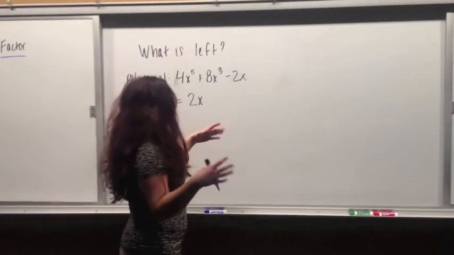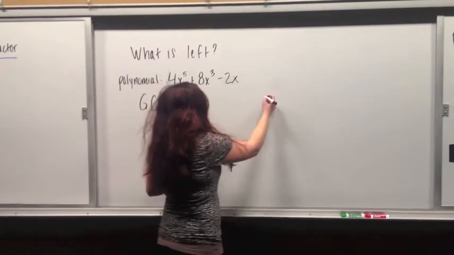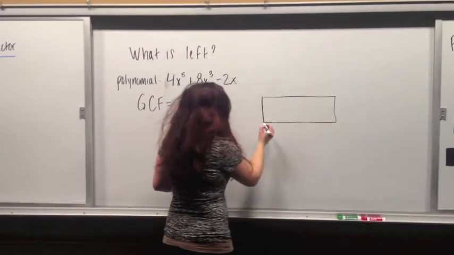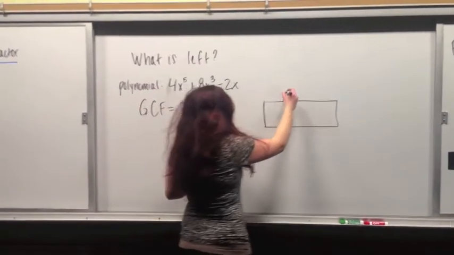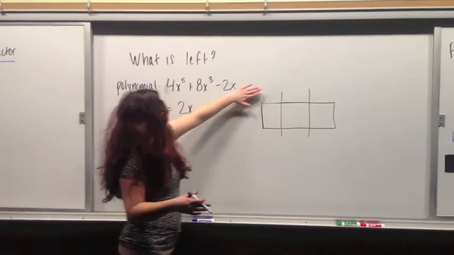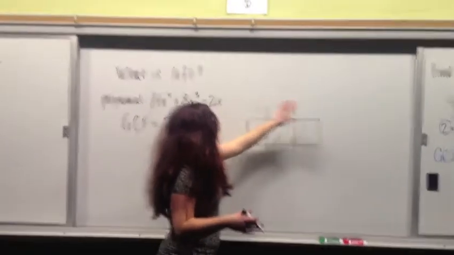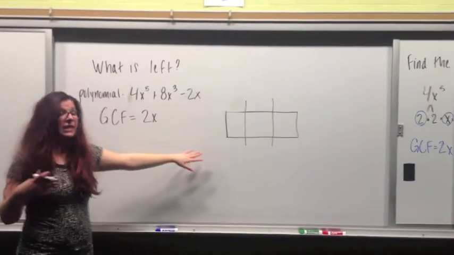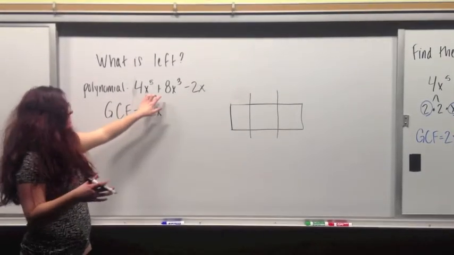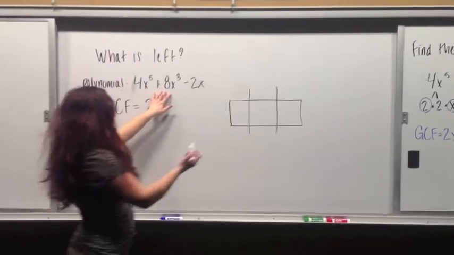So last week when we were multiplying polynomials together, we had a box. And we figured out what our box was by how many terms we had. And the difference in these kinds of problems is before we had our polynomials up at the top and then down the sides. Now what we're trying to figure out is what multiplies to get our original polynomial.